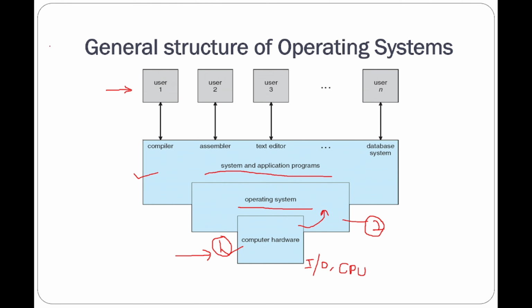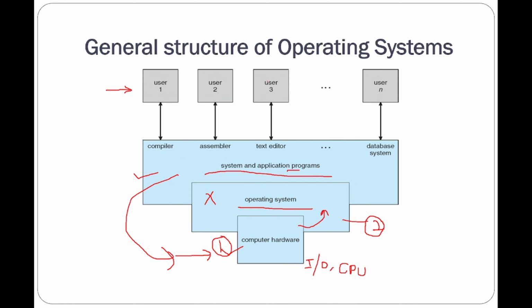Without this operating system, it is very, very difficult for us to make other application programs run over this hardware, right? So it is facilitating the work of these other software.